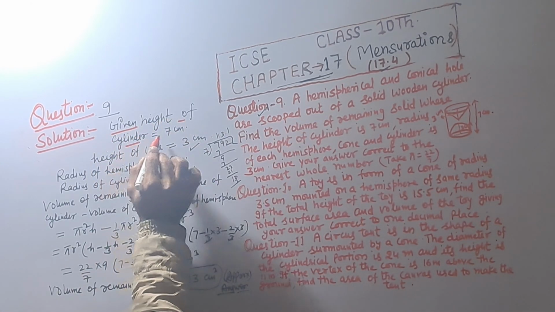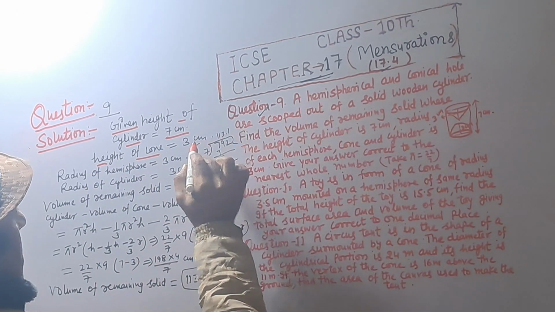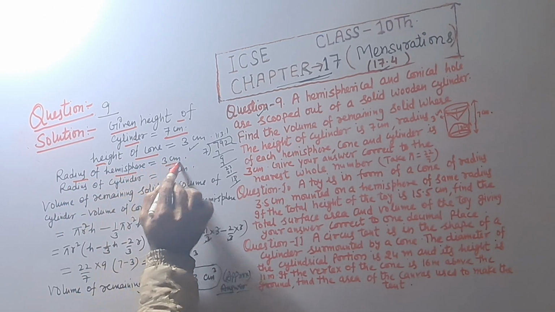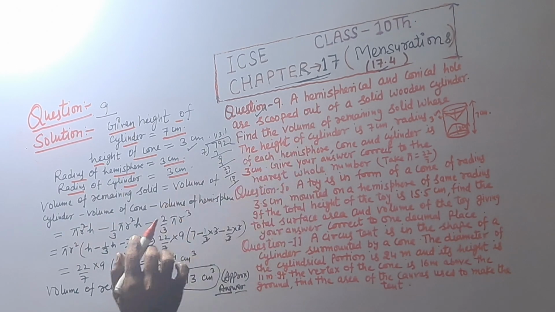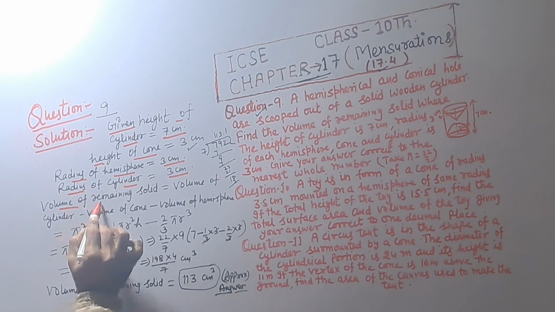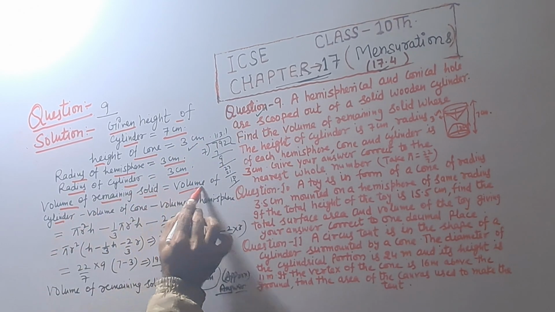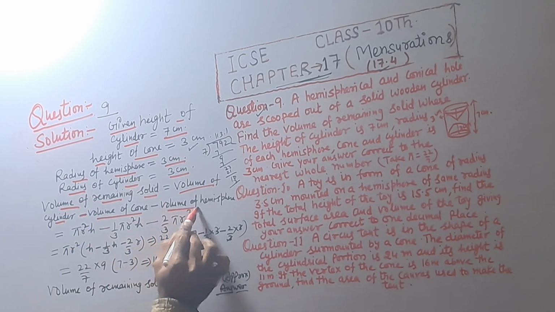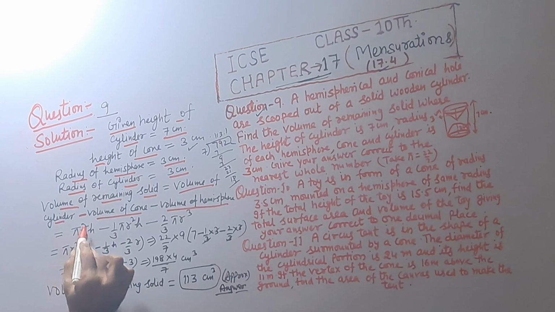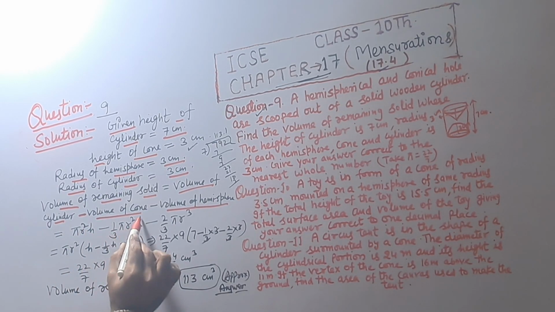Given height of cylinder is equal to 7 centimeter and height of cone is equal to 3 centimeter. Radius of hemisphere is 3 centimeter and radius of cylinder is 3 centimeter. It's given. And we find the volume of the remaining solid, that is equal to volume of cylinder minus volume of cone minus volume of hemisphere, that is pi r square h minus 1 by 3 pi r square h, that is height of cone.